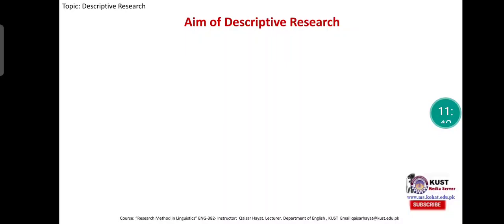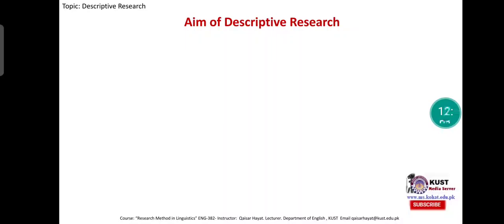Students, as in the previous slides we have discussed, descriptive research is seeing the thing as it is in the present status, and it starts its work from the present status of some phenomena that is under study. But what should be the aim of this type of research?